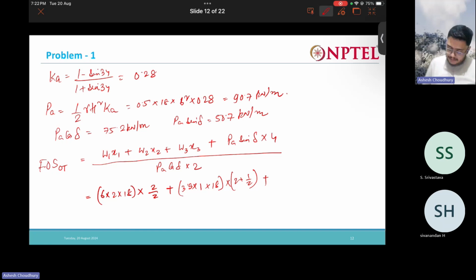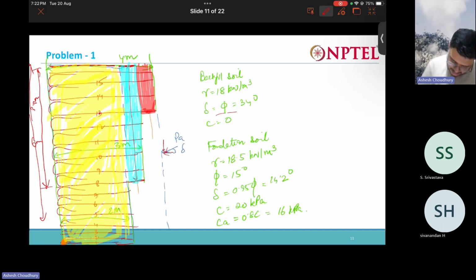Now last, W3. This height means how many layers? 3 layers are there, so 3 into 0.6, so this is 1.8 meters from here to here.